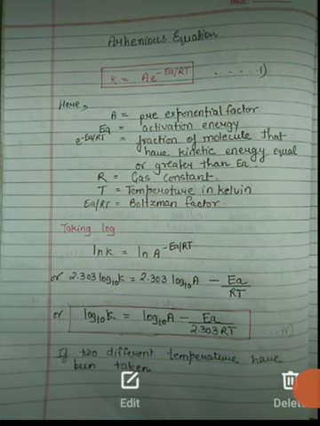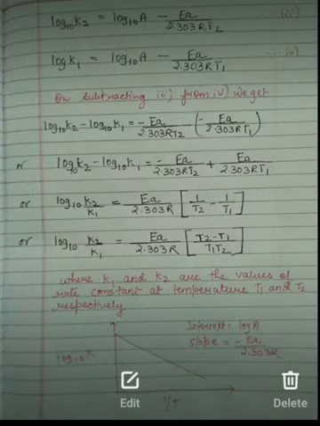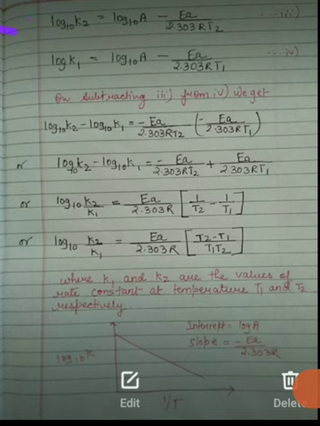Now students, if we are talking about two different temperatures, or if two different temperatures have been taken, then what happens? Look here, the equation becomes, for temperature T2, log10 k2 = log10 A - Ea/(2.303 R T2).